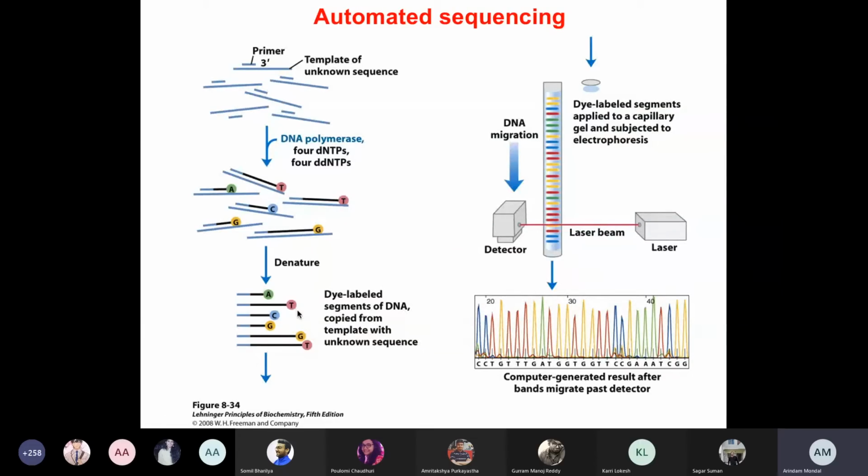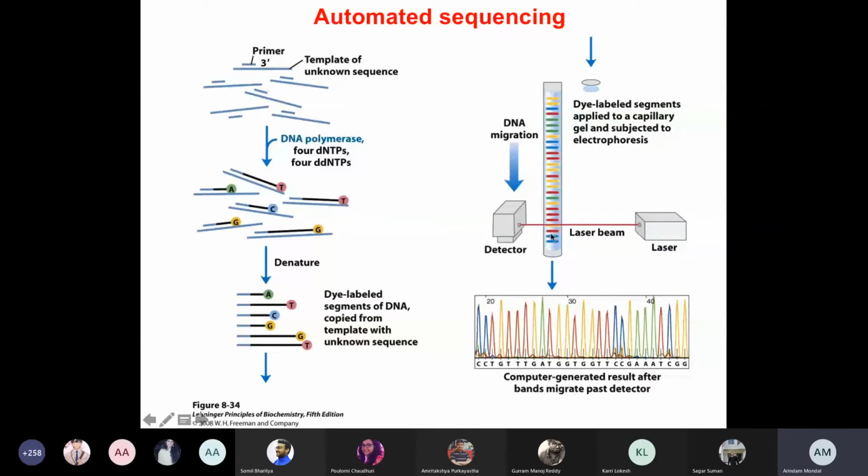And then subsequently you do not run a conventional gel; rather you pass them through a capillary gel. This is capillary gel electrophoresis, through which all of these fragments are passing. Through this you can separate DNA fragments that differ even by a single nucleotide in size.